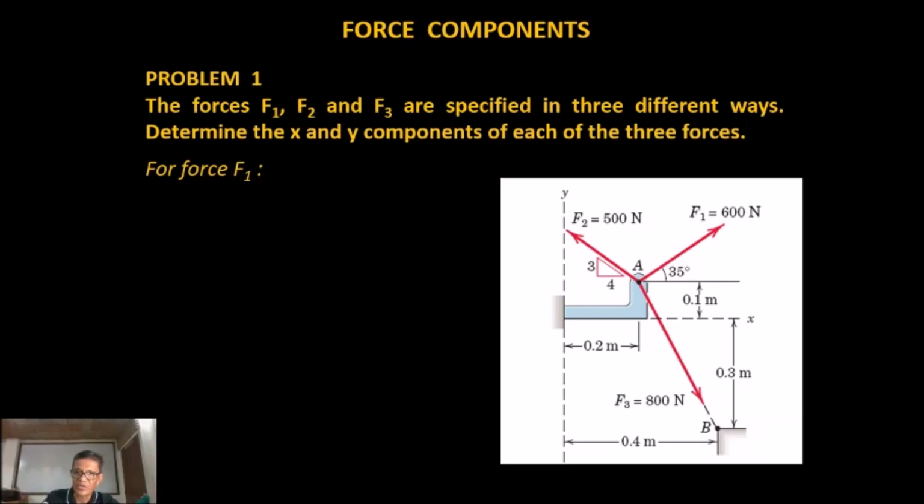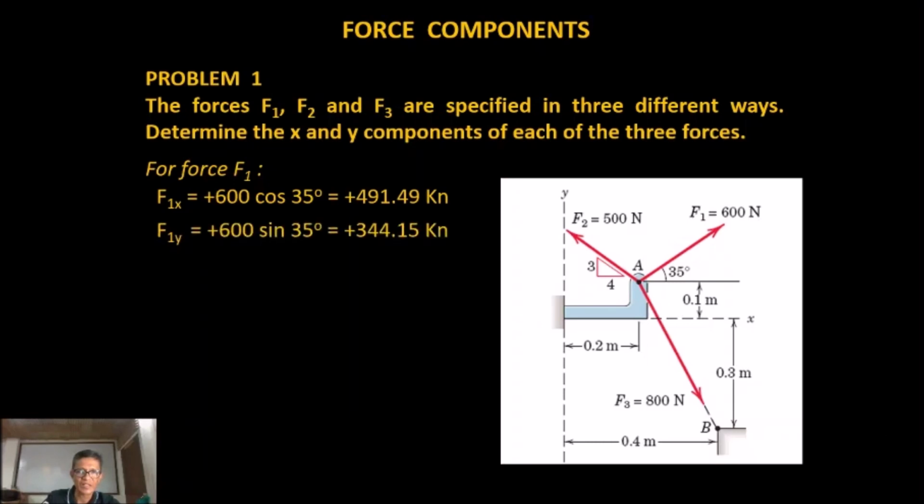Upward to the right, so parehas na positive yung Fx and Fy. So we have F1x is equal to positive 600 cosine of 35, and that is equal to 491.49. Then F1y is equal to positive 600 sine of 35, equal to 344.15 kilonewton, positive.